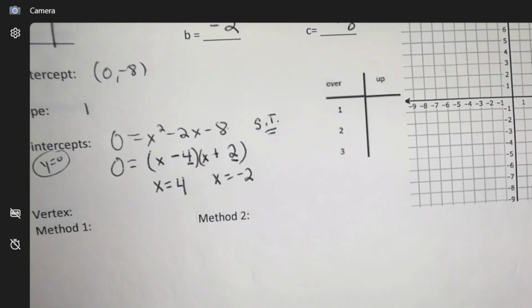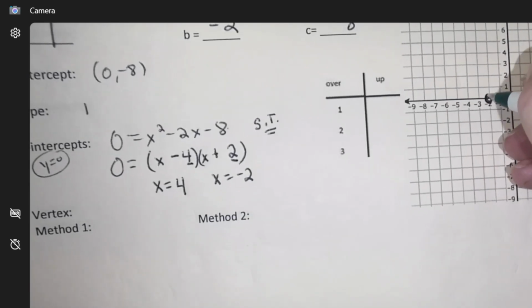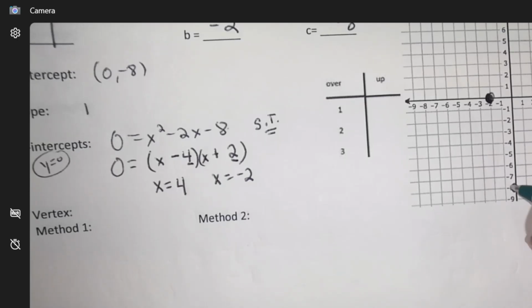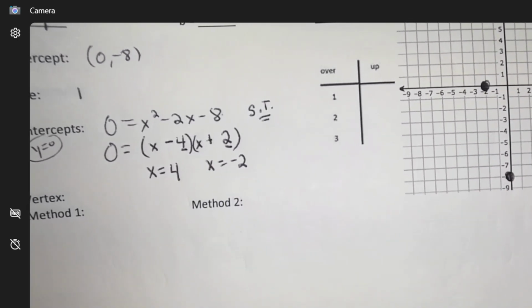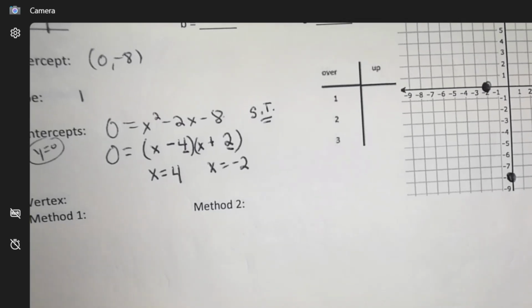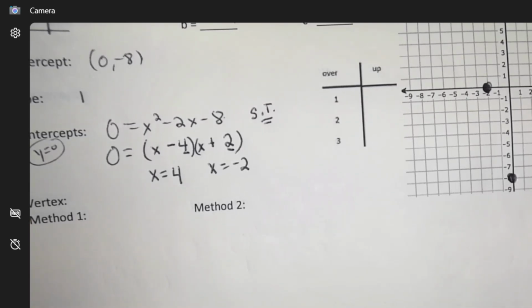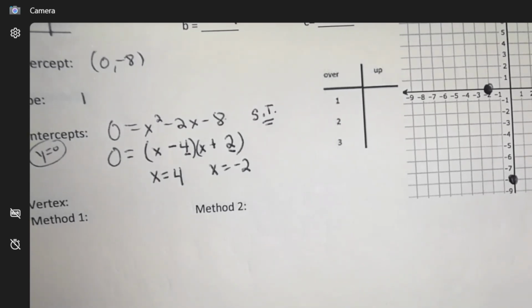Okay, so I'm going to draw some of these things in that I know. Here's what's happening. We have a 4 x-intercept, a negative 2 x-intercept, and a negative 8 y-intercept. Can you kind of visualize what's going on already? We're not going to draw it yet. Where would you draw the axis of symmetry already?